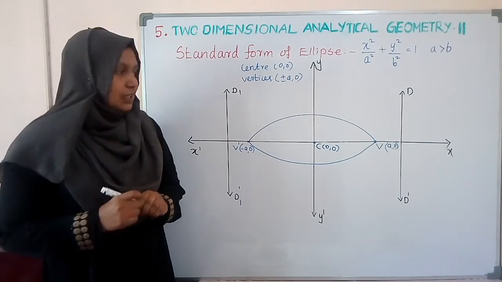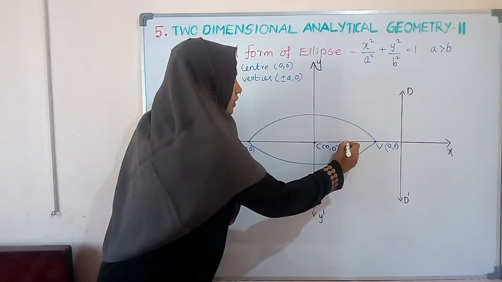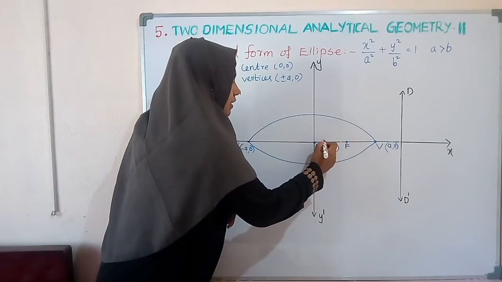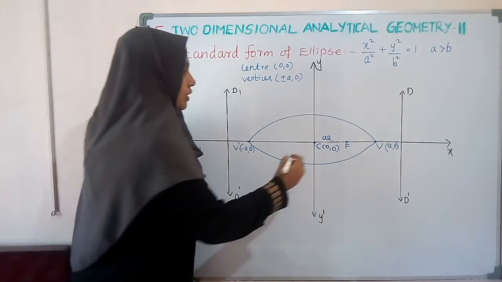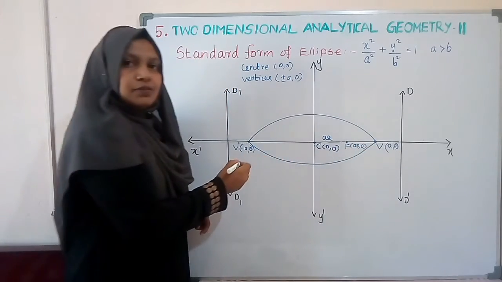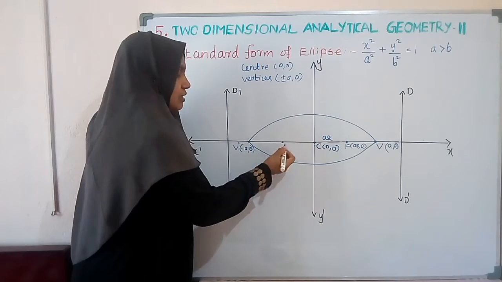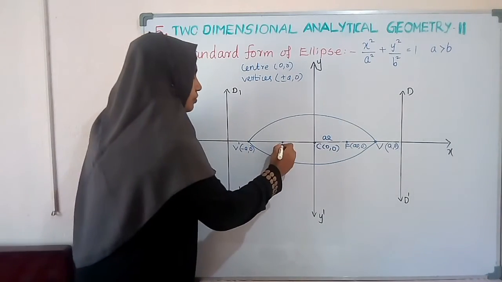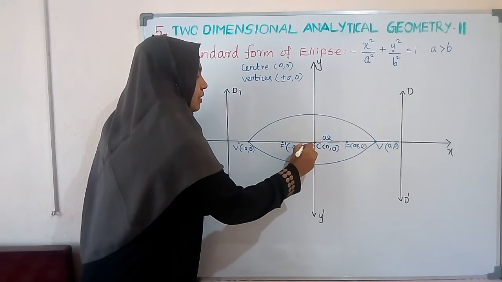Now the focus is at a distance of ae from the center. Here I am marking the focus. So the focus is ae comma 0. On this side also we can mark it. If the distance is ae, on the left side the coordinate of focus, that is F dash, is minus ae comma 0.